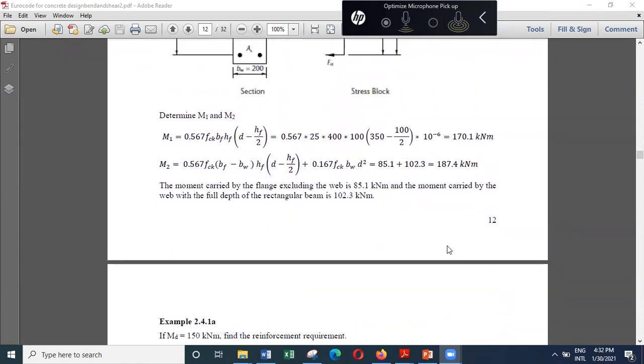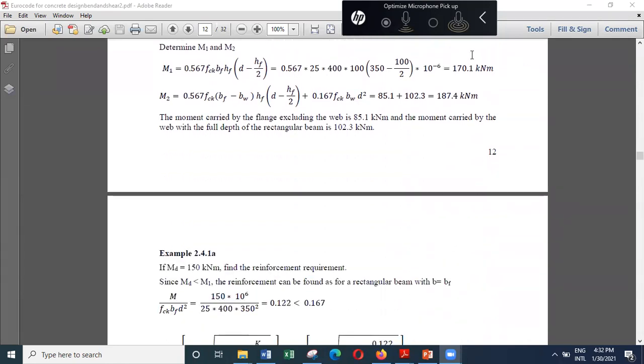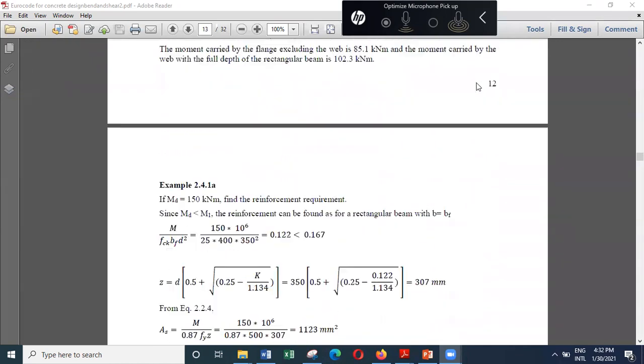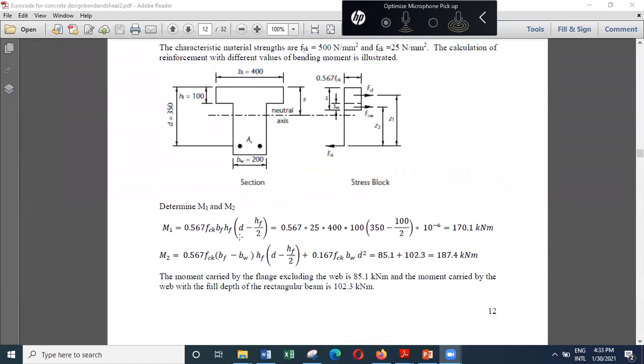So if the moment is 150, that means it is less than this value. That means we can singly reinforce it. If the moment is less than 150, the reinforcement requirement is found as if for a rectangular section, and for a rectangular section, the width of the section is considered as the flange width.